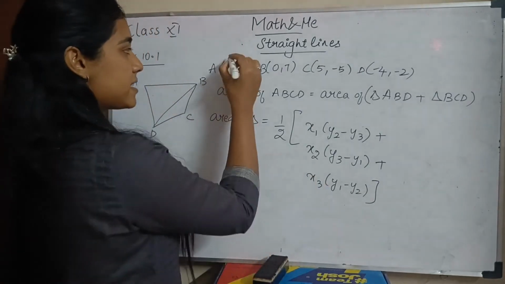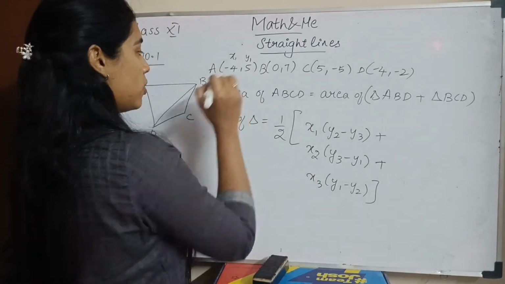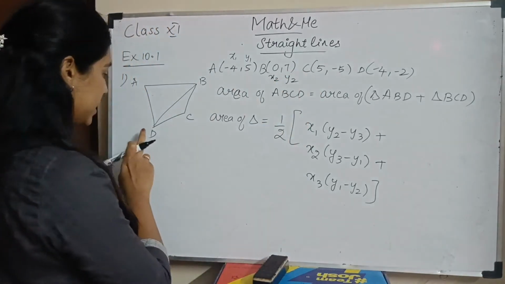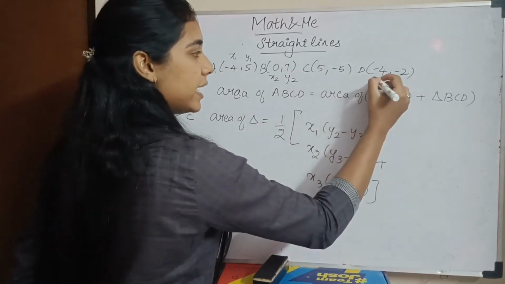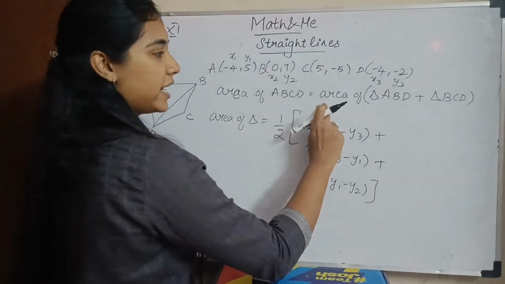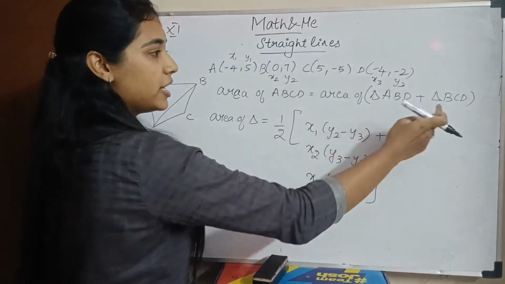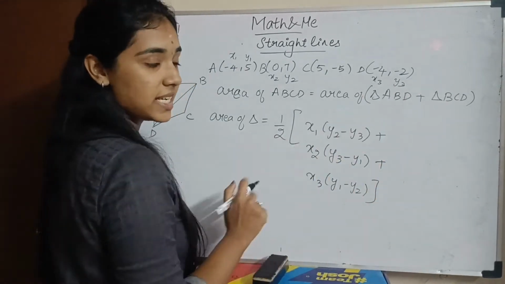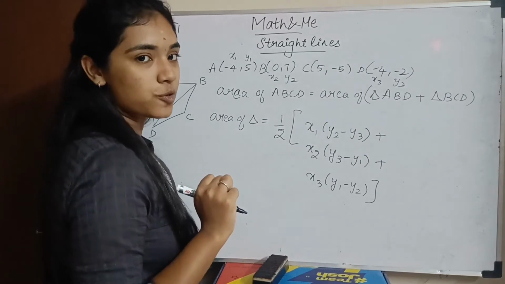So in the first case, this will be your x1 y1, B will be your x2 y2, C will be your x3 y3. So solve for area of triangle ABD. Then you take the points B, C and D and solve for the area of triangle BCD. Then you add both. So this is how you approach this question.